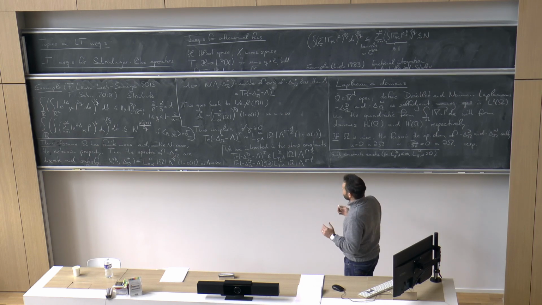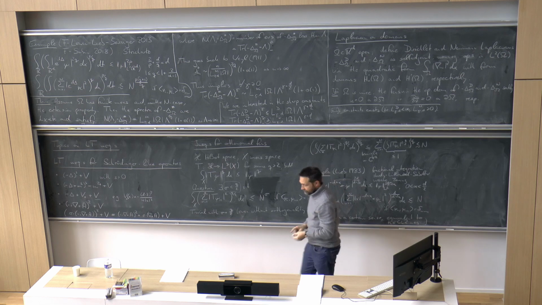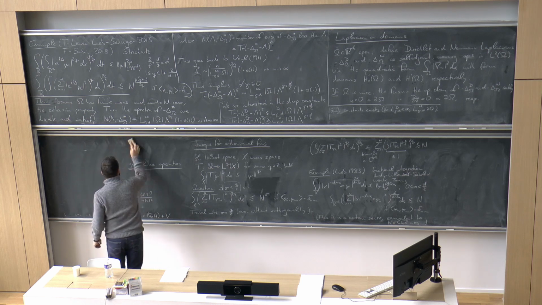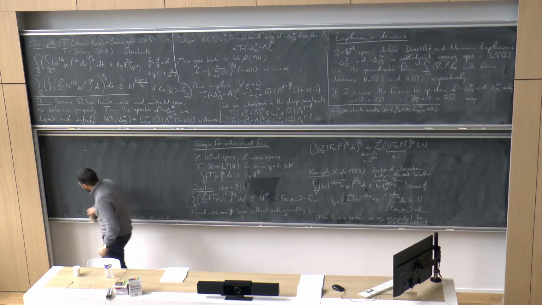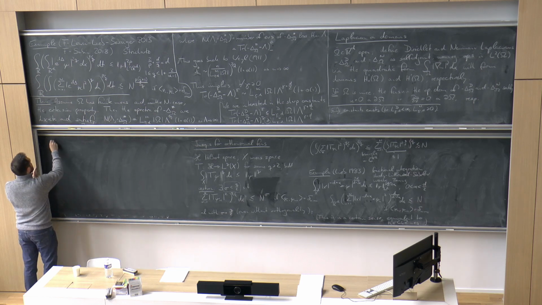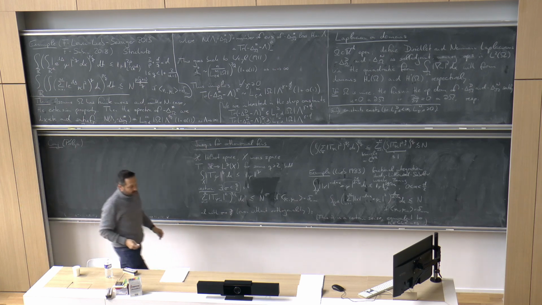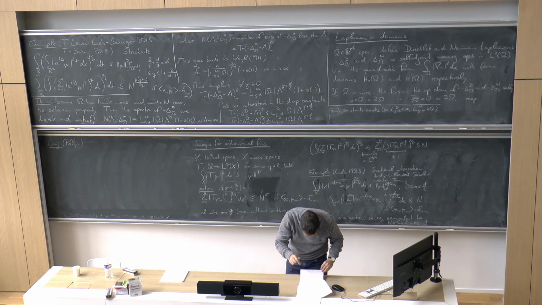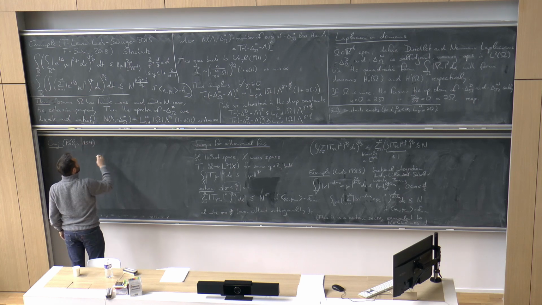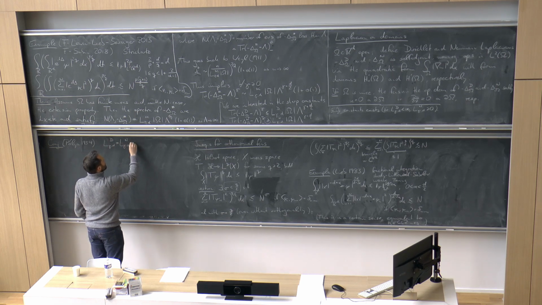Now, the conjecture, which goes back to Pólya, 1954, says that the constants should be the semi-classical constant.